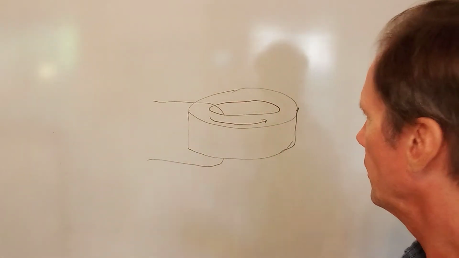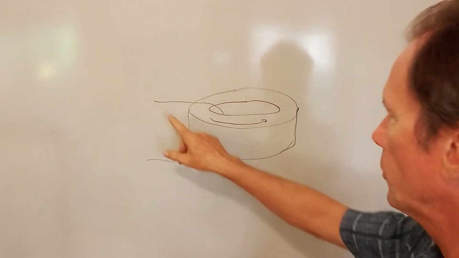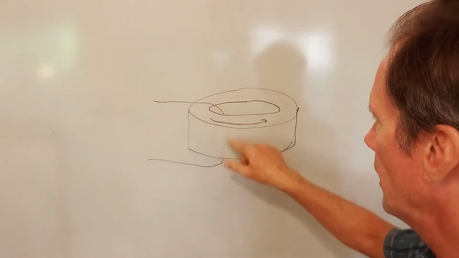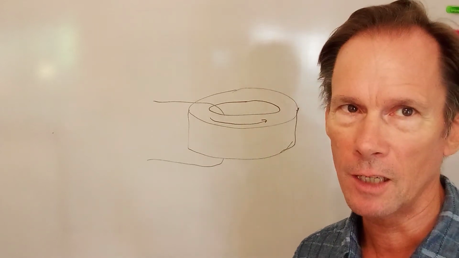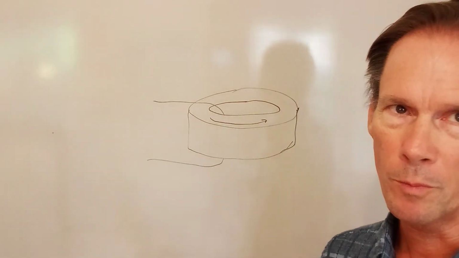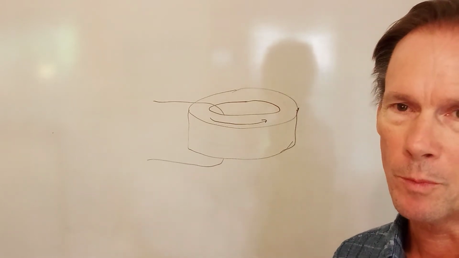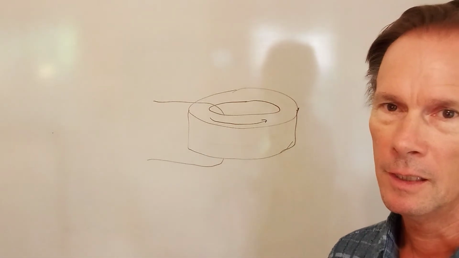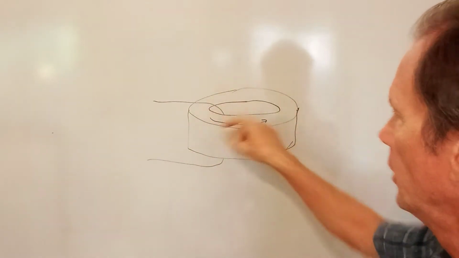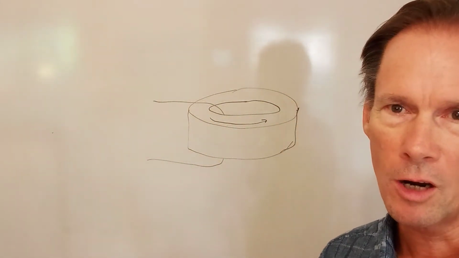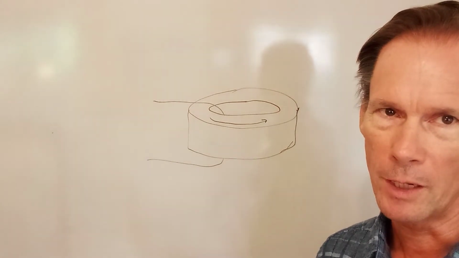The strength of the magnetic field would be more or less equal to the magnetic field generated by the wire, plus the additional amount of magnetic field based on the real permeability of the magnetic material. So if you had a permeability of 10, then you would have a magnetic field strength internal to the toroid that would be 10 times stronger than what you would have with just the magnetic field around the wire itself.